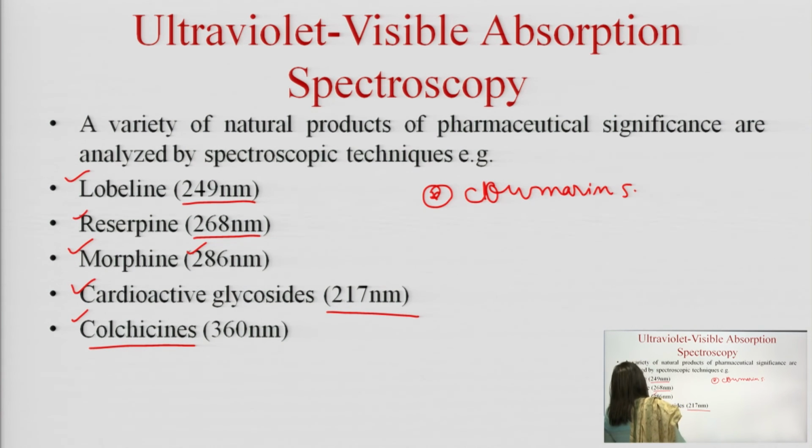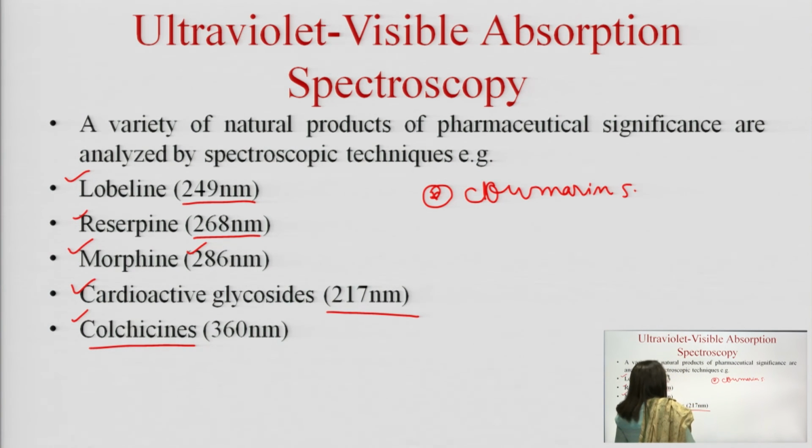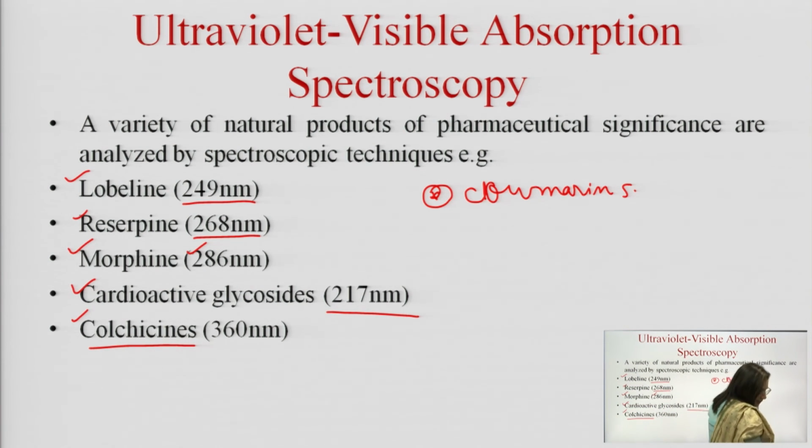Some examples were described here: lobeline, reserpine, morphine, cardioglycosides and colchicine. Each of these molecules has a lambda max at 249 nanometer, 268 nanometer, 286 nanometer, 217 nanometer and 360 nanometer.